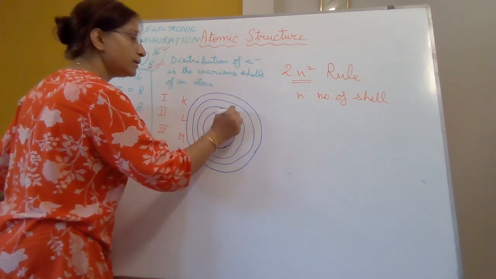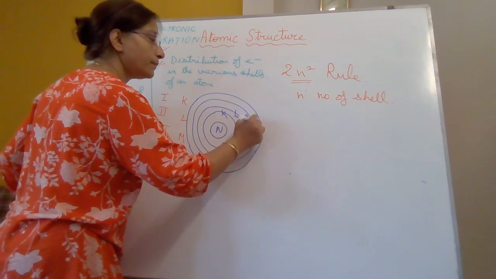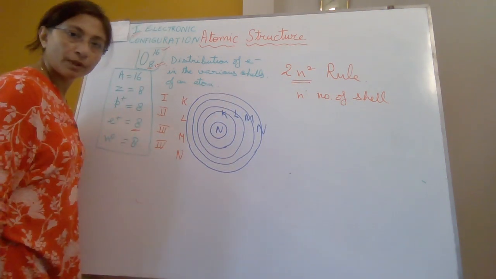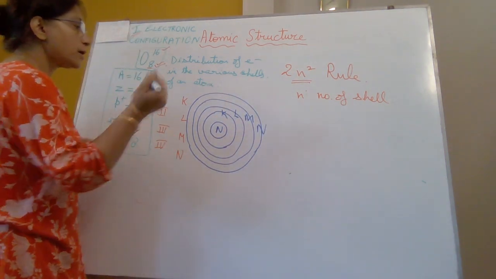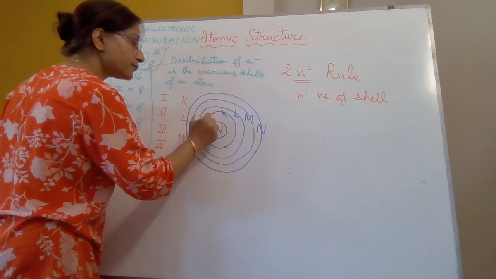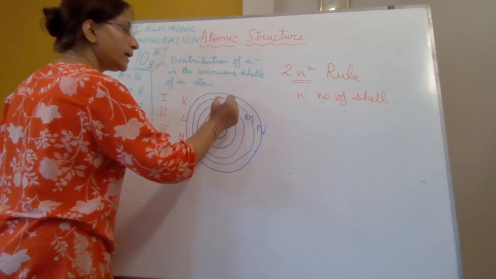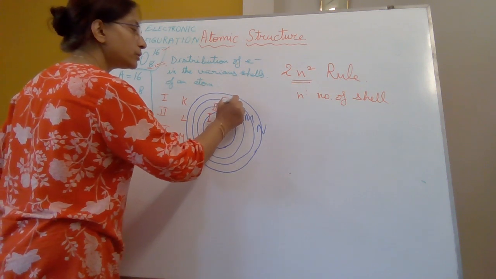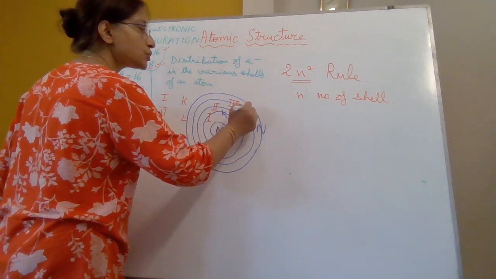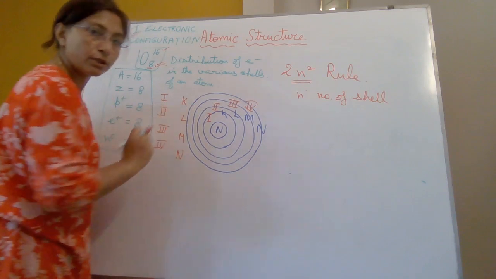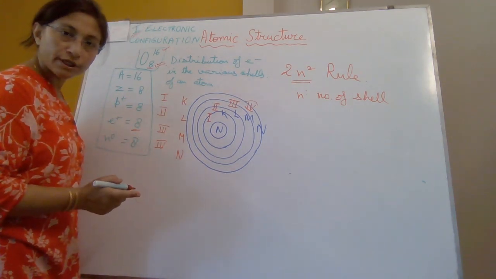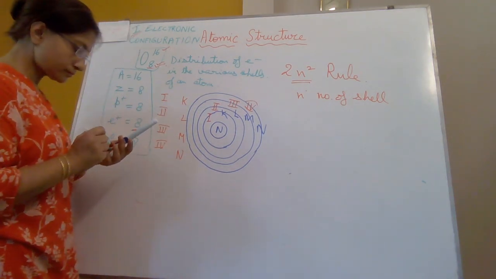This is K, L, M and N. K is considered the first shell, L the second, M the third, and N the fourth shell. So there are 4 shells present.